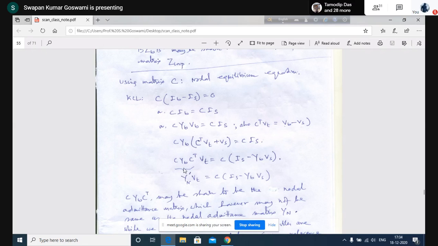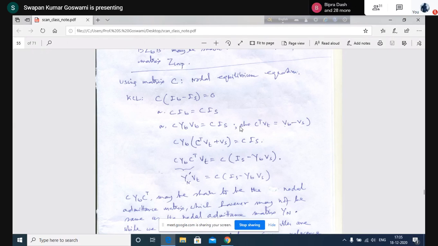Now it is C YB C transpose into VT. C obviously is a matrix of 1, minus 1 and 0. C transpose also is of the same nature, 1, minus 1 and 0. So obviously this product will have only admittances, and that may be identified as the nodal admittance matrix. This nodal admittance matrix is somewhat different from the nodal admittance matrix we formed using the A matrix.